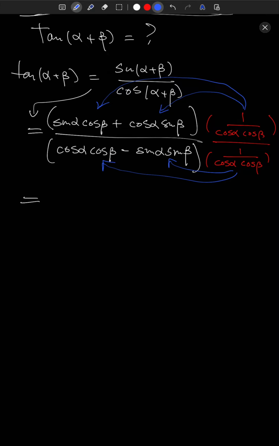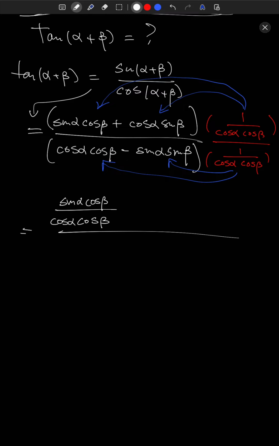And so when I do this distributing on the top, when I multiply sine alpha cosine beta to 1 over cos alpha cos beta, let's see, the sine alpha over cosine alpha is going to end up, actually, let me write this out carefully in all the pieces, and then I'll do the cancellations. So everything perhaps is more clear. I'm just going to distribute everything in and then do the simplifications afterwards.